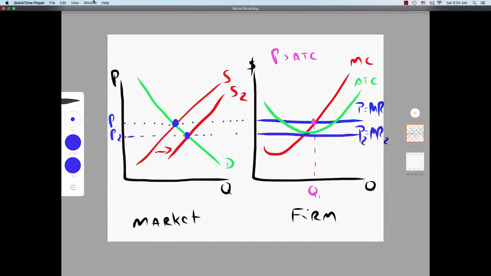Well, the answer to that depends upon the relationship between price and average total cost. Here is our new intersection. That's where the new marginal revenue equals the marginal cost. And it looks like they're about at the same point as the average total cost.